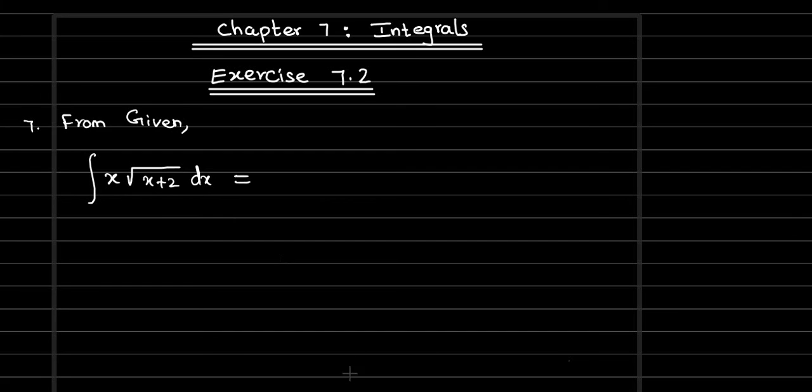So what I'm going to do is consider the term inside the square root as t. So let t equal x plus 2. Then differentiating this, what do we get? dt equals dx, and the constant term's differentiation is 0. But we still have x here.